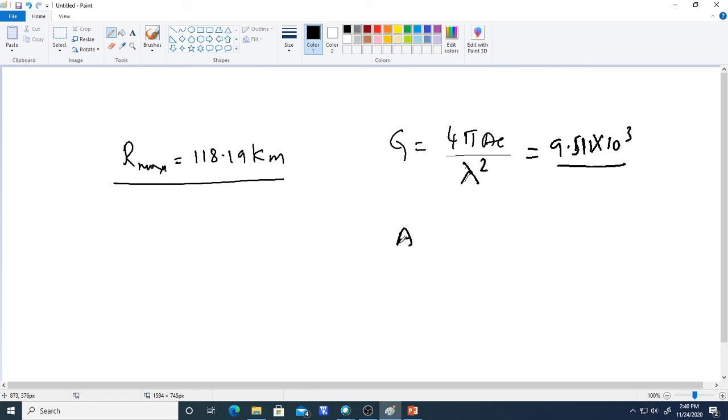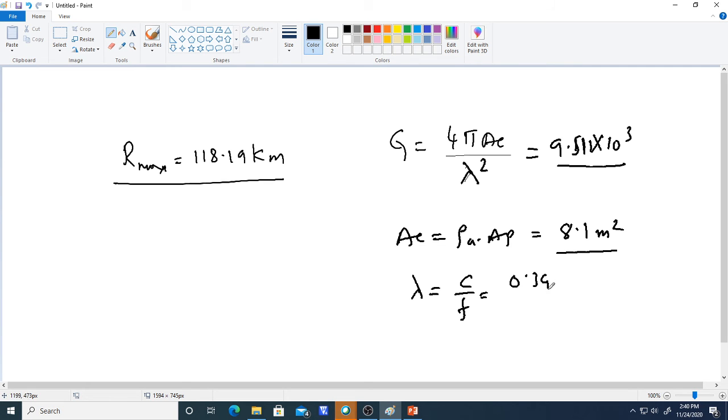Okay, what is AE? 8.1 square meter. Okay, 8.1 meter square. This is fine. So now if you substitute 8.1, and what is lambda? 0.3 gigahertz divided by 2.9 gigahertz. 103.4 mm.